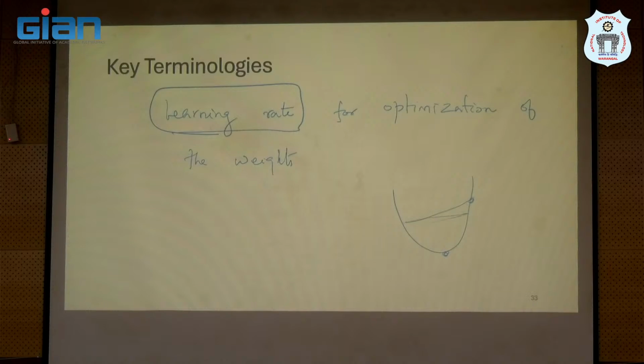And then you will go like this, you will oscillate. So what you prefer to do is, you keep the learning rate small enough that you go here, here, here, like that. Slowly you descend. Okay, that is the idea. Okay, so this is another terminology.